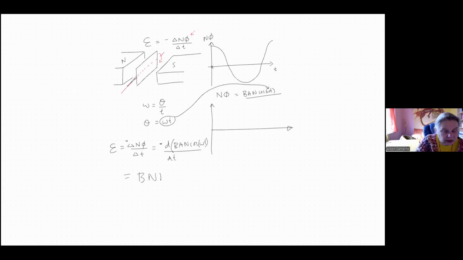BAN, whoops, I'm writing N, I'm saying A, BAN, right? The omega that's in the cosine comes out, omega. The cosine turns into a sine when you differentiate, sine omega t still inside the brackets, right? The minus, because when you differentiate cosine, you get minus sine. The minus means that this ends up being positive. Okay, so it's not a minus sign, it's a sine.